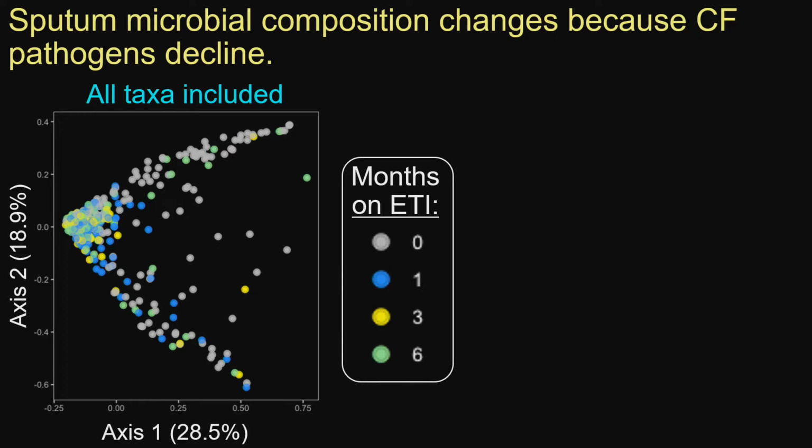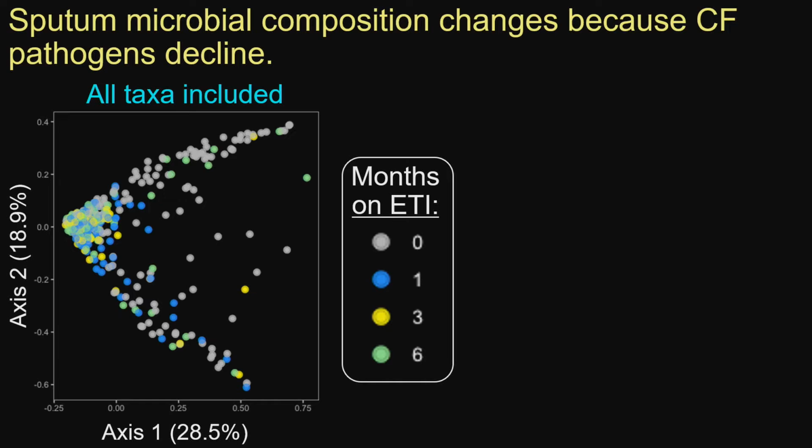The gray circles are the pre-ETI data, and then it gets blue, red, yellow, and green after 6 months of ETI. And what you can see, if you take all the data together, all the sputum taxa that are found by DNA-based analysis, you see that there are these two wings that represent the pre-ETI sample, and then after ETI, the microbial composition converges towards near this origin.